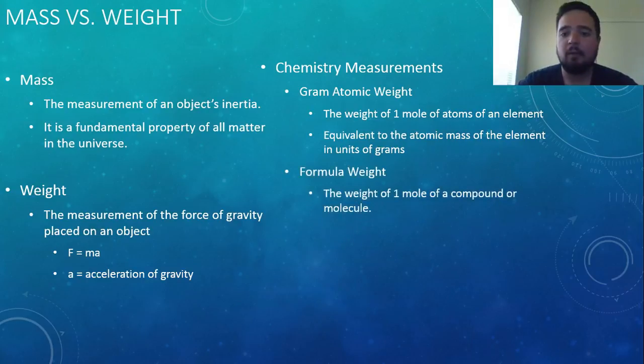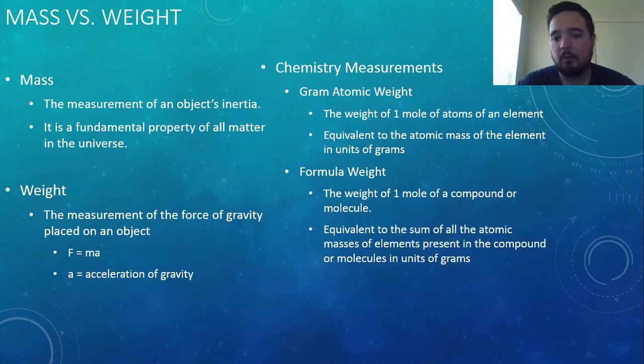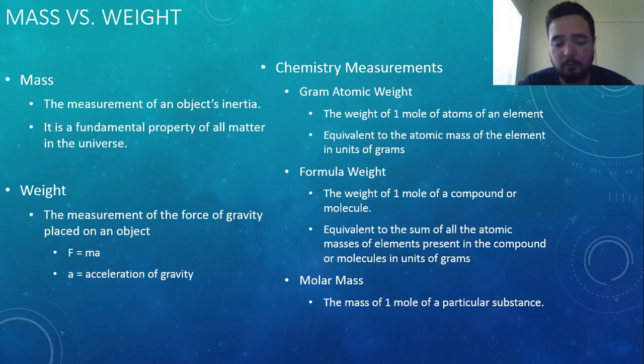Formula weight is the weight of 1 mole of a compound or molecule. So it's the addition of all the gram atomic weights of the elements within a particular formula, the sum of all the atomic masses in a compound or molecule, just in units of grams. Again, molar mass is the mass of 1 mole of a particular substance.